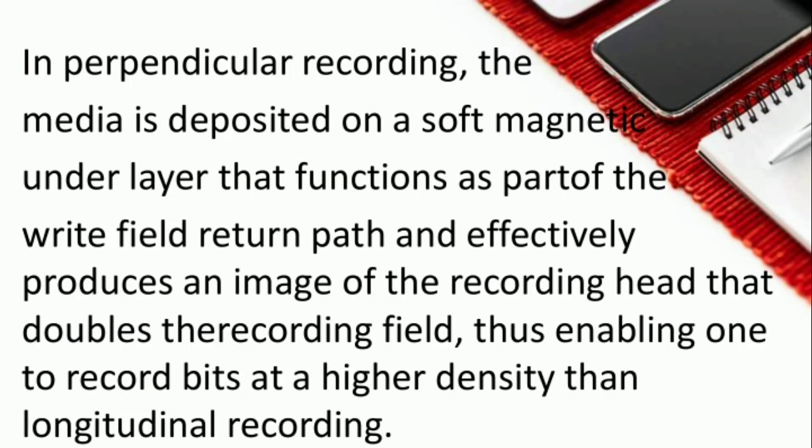In perpendicular recording, the media is deposited on a soft magnetic underlayer that functions as part of the write field and effectively produces an image of the recording head that doubles the recording field, thus enabling one to record bits at a higher density than longitudinal recording.